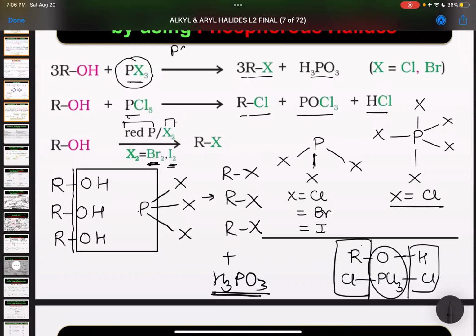You directly use PCl3 as a whole compound and react it with your alcohol. Br2 is a liquid, so you can pour it. I2 is a solid, so you can mix it with the red phosphorus and alcohol and heat it. Automatically PI3 is formed. Clear? So that's why it is written over here.